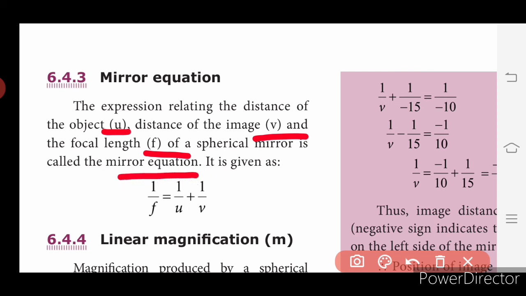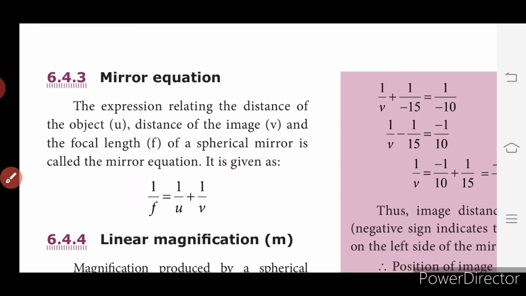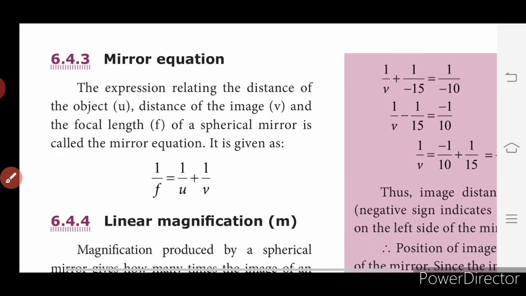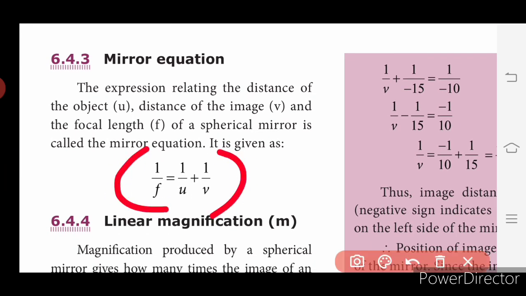So the equation is 1 by F is equal to 1 by U plus 1 by V, where F is the focal length, U is the object distance and V is the image distance.